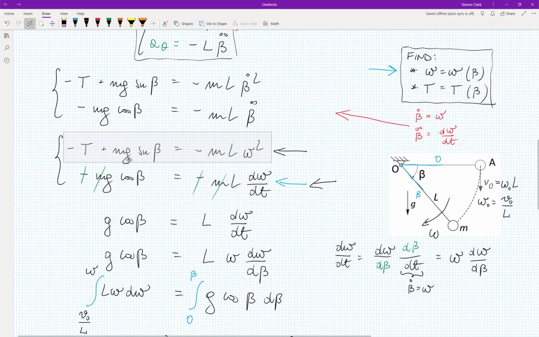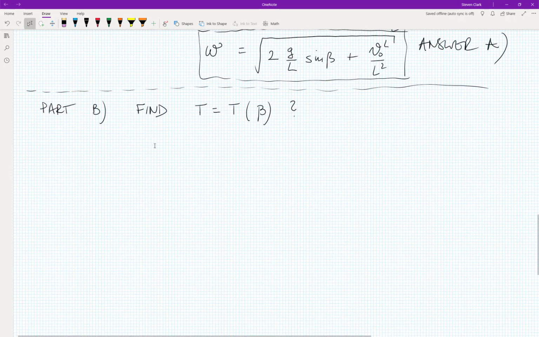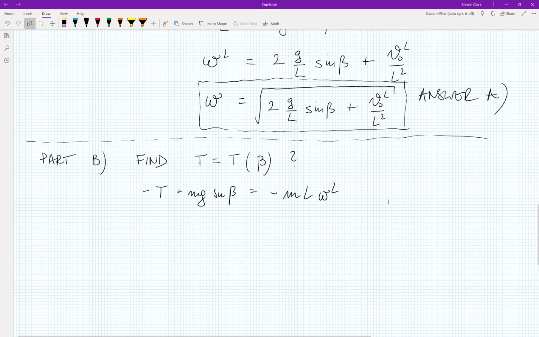So let me copy it from here. I can copy it here. And I think that some of you already see that this problem would not take much, because basically our tension can be expressed as mg sine beta plus m L omega squared, where omega squared was found in part A here.